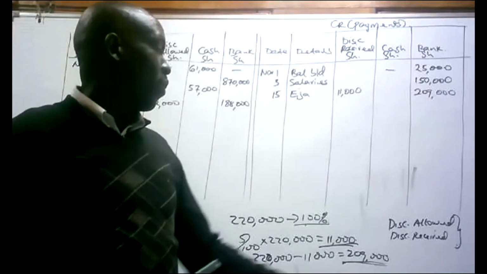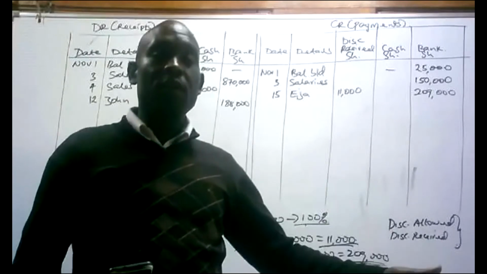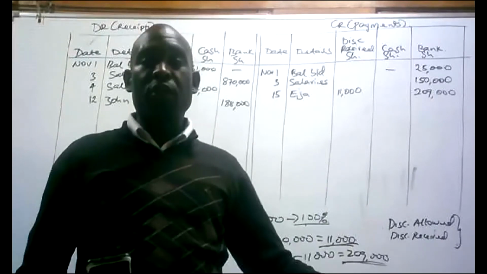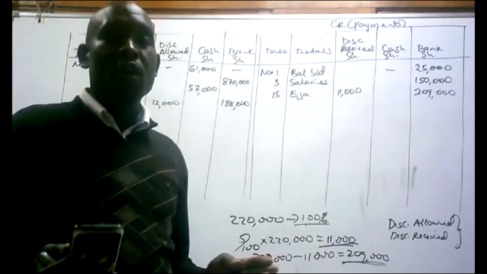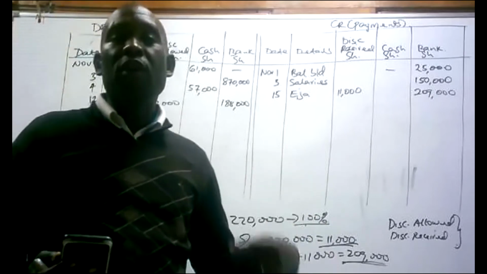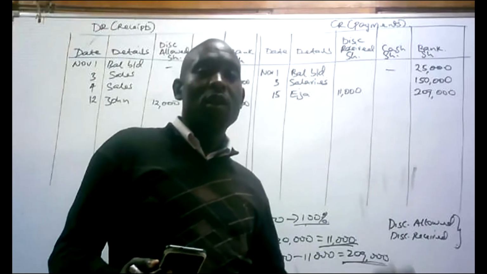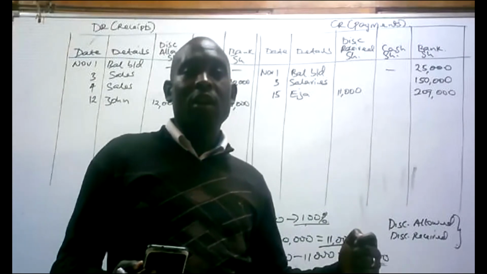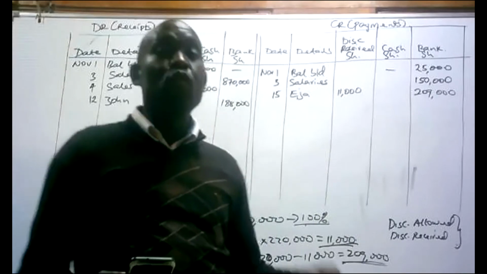It is the discount that you receive for paying promptly or within the stipulated or agreed period of time. The discount that encourages you to pay within the shortest time possible is what we call the cash discount. But when they mention that word, it does not necessarily mean that they paid by cash. It was an omission.